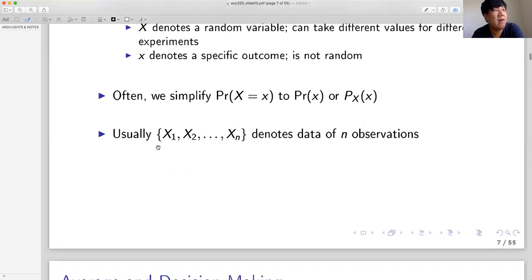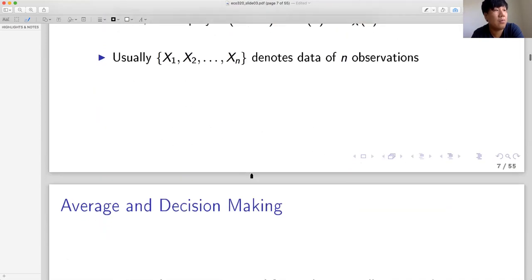Let's say we have n observations that might have some different outcomes. So this is a random variable x, and we have 1 over here and 2 and n. That indicates, okay, that is the first observation, this is the second observation, and the nth observation.